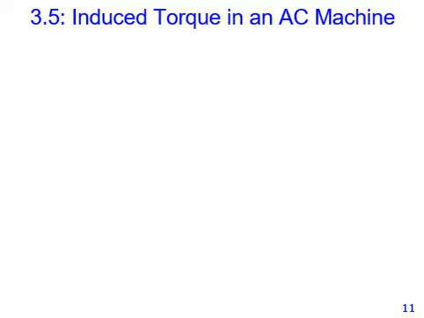This is section 3.5, which deals with the induced torque in an AC machine. In an AC machine, under normal operating conditions, there are two magnetic fields present.